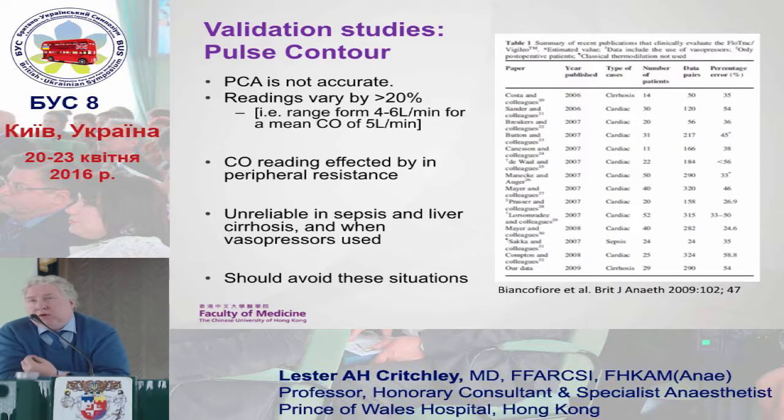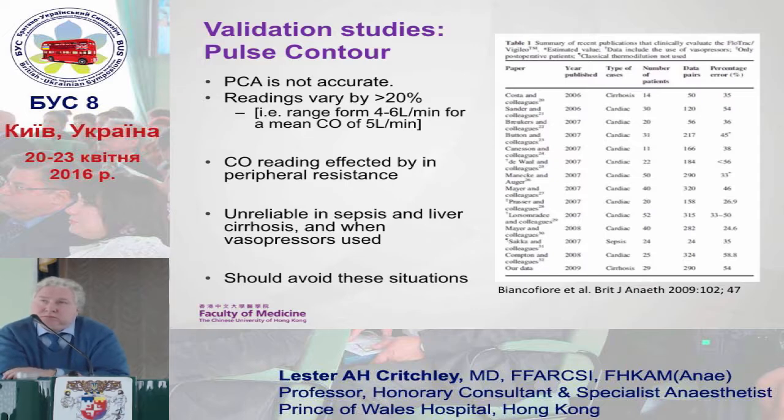If we move on to the arterial line pulse contour methods, and we look at the Bland and Altman data, it shows that the pulse contour systems are not particularly accurate. What it means is the readings can vary by about 20%.